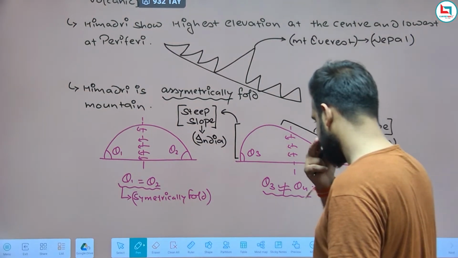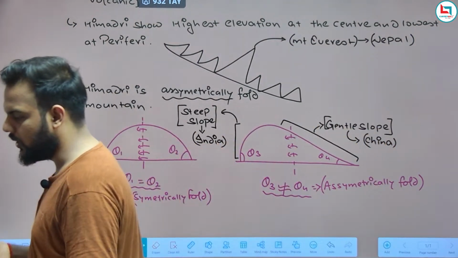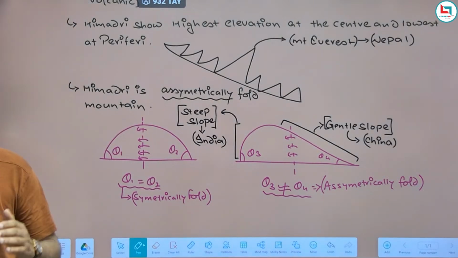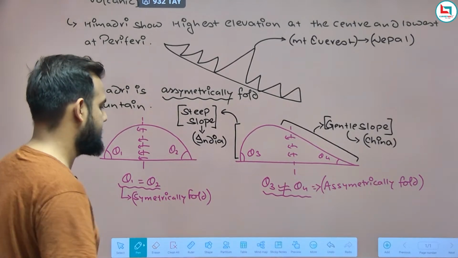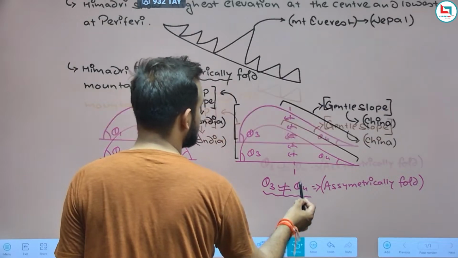Now buddy, the next characteristic of Himadri is that it is the only range in the world whose all peaks lie above the snow line. So write down this also.